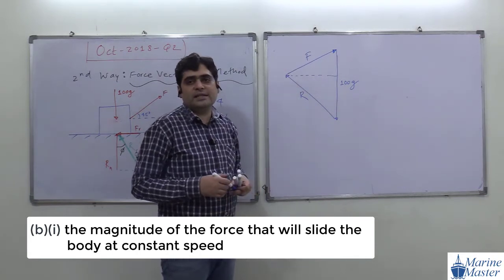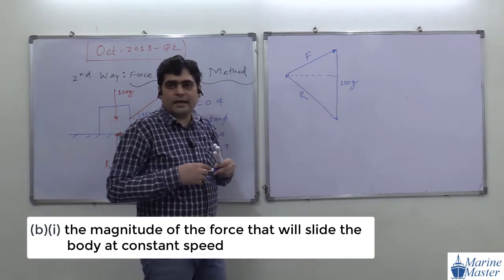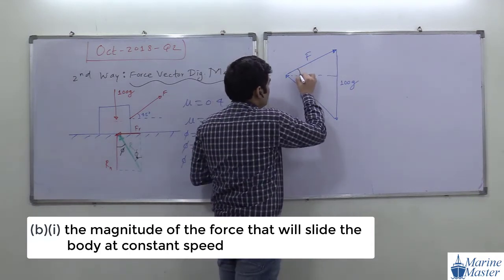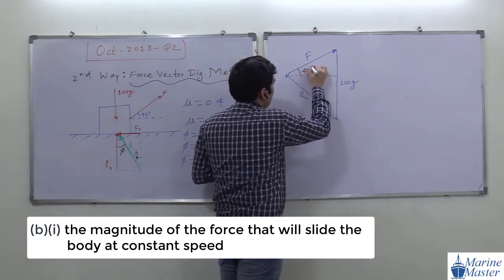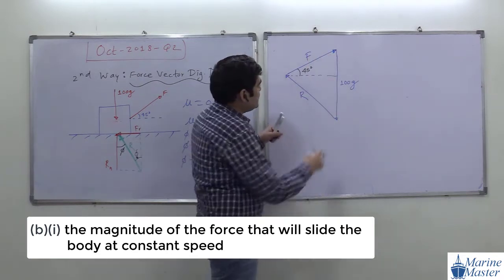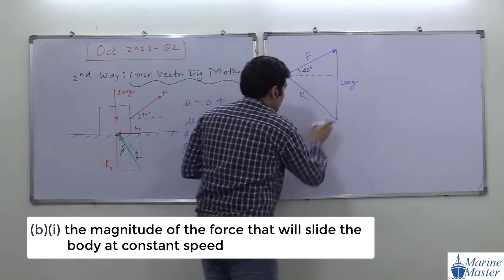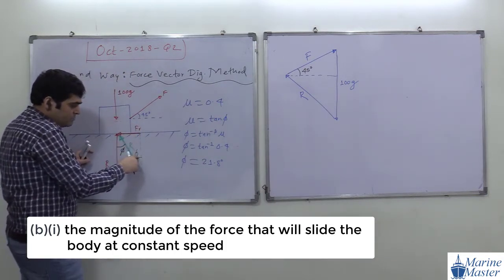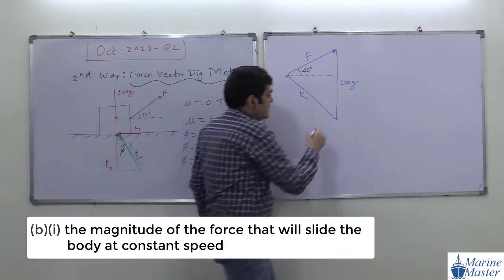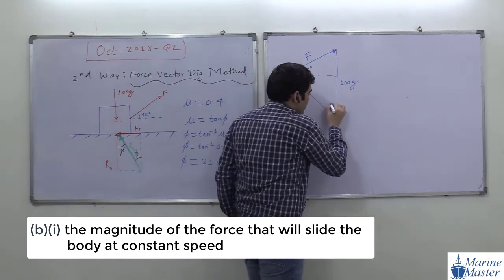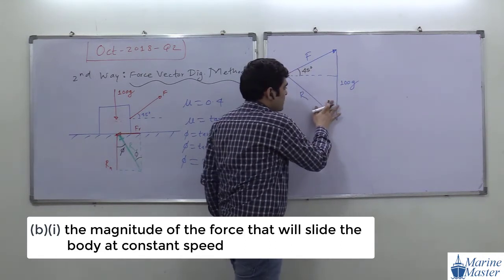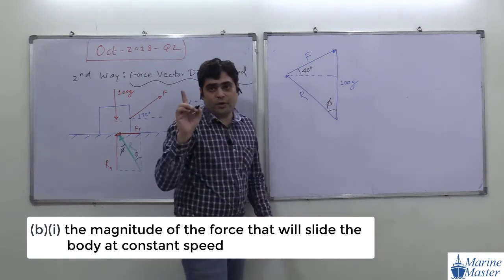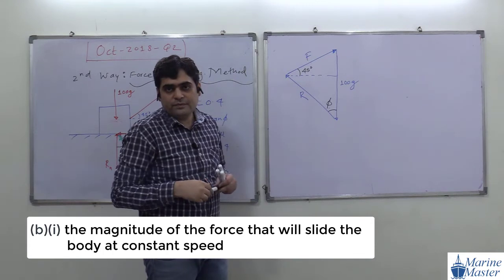F is making 45 degrees. What is the angle between 100 G and R? With respect to the vertical, the angle of R is phi. So I can show this angle as phi. See the point. Does anyone have any doubt in this discussion?